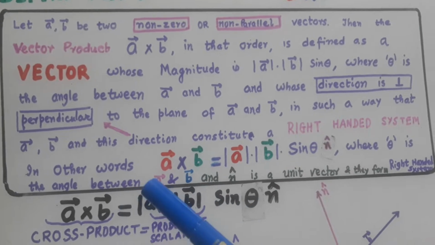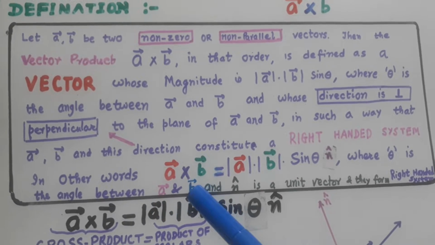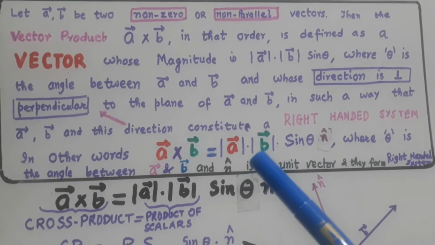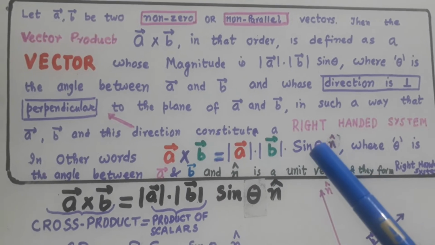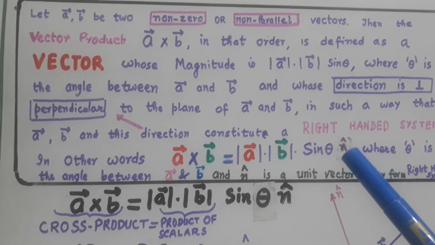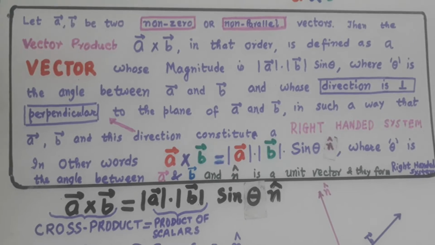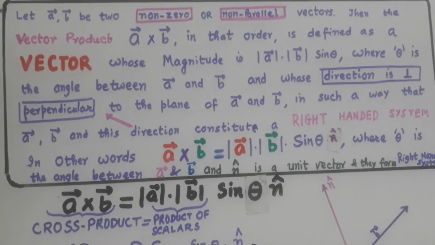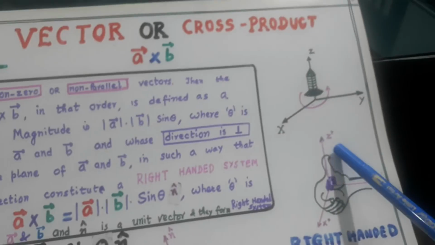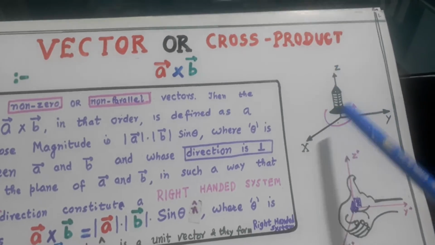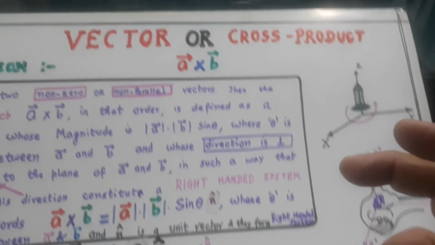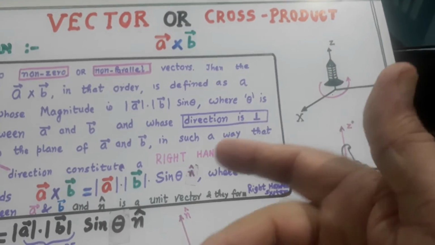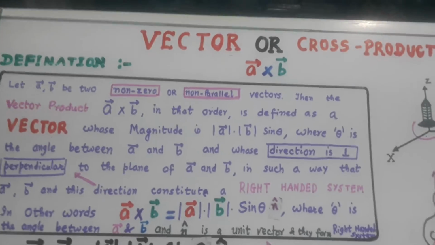So, in other words, A cross B can be written as magnitude of A into magnitude of B sine theta and n cap. N cap means perpendicular, normal. So, the result is always on this side. When you give a turn to the screw, it goes up.